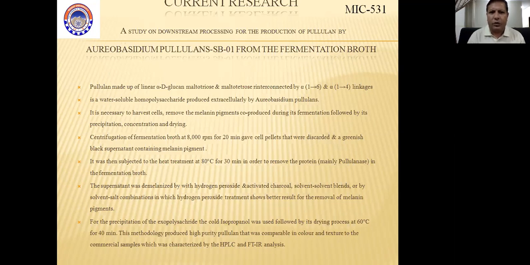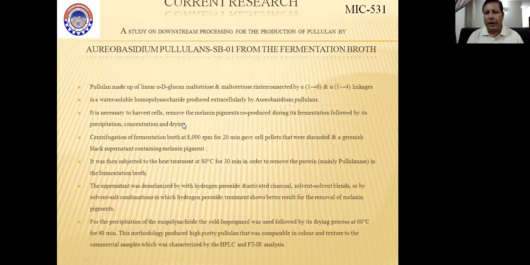It is necessary to harvest the cell. So we will ferment this and Aureobasidium pullulans will produce this material. It is a water soluble substance, so it is necessary to harvest the cell and remove the melanin pigment co-produced during its fermentation, followed by its precipitation, concentration, and drying.